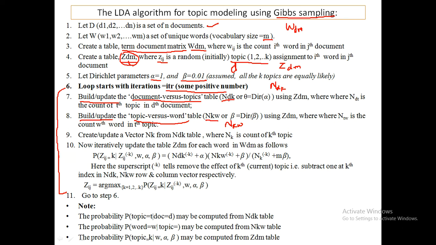So these two matrices NDK and NKW are created using ZDM. Now create and update a vector NK. This is a single column vector. So in the NDK table, total how many topics of one, count of topic 1, count of topic 2, like that.